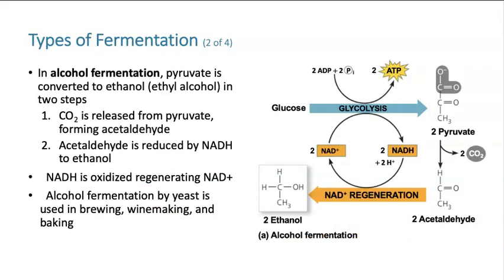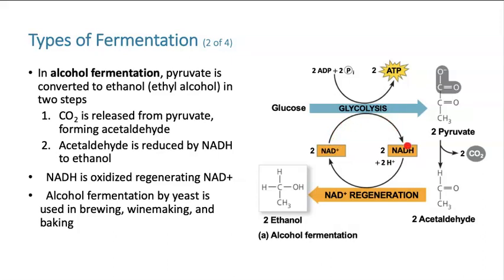Let's start out here with alcohol fermentation. We've got a couple of steps here. Let's focus on glycolysis for just a second and remember that 2 ATPs are made in glycolysis and our end product there is pyruvate. Also remember that NAD+ is made into NADH.